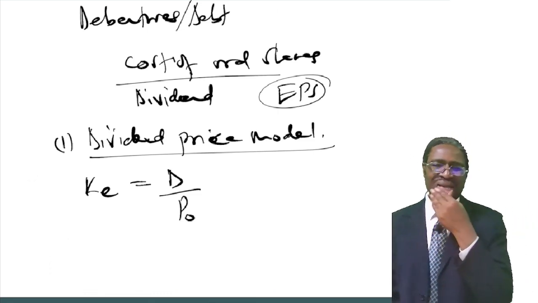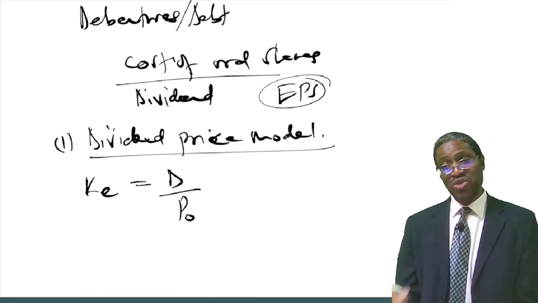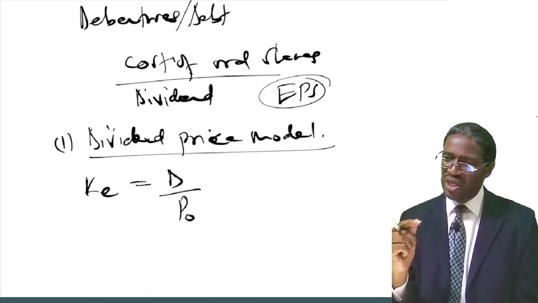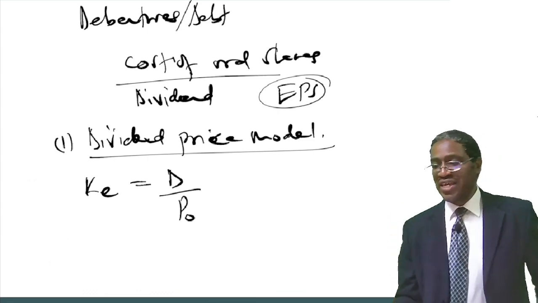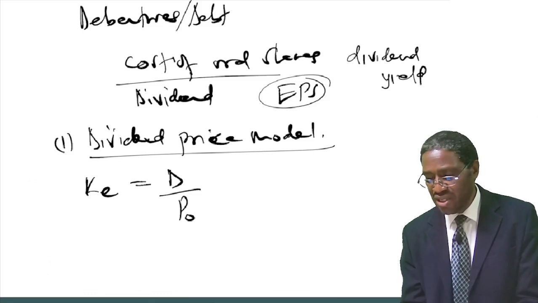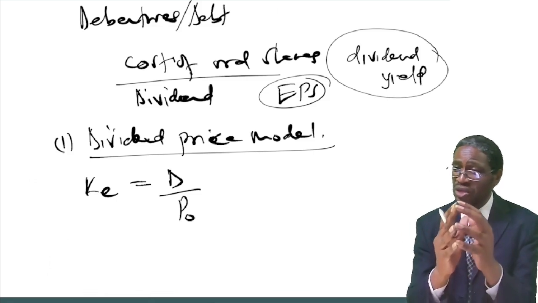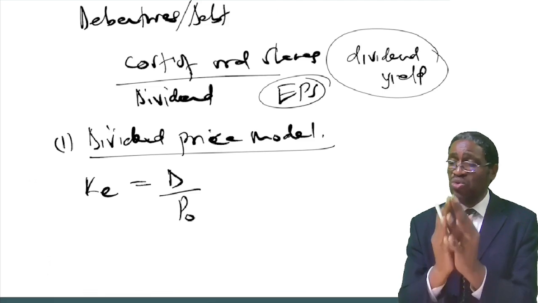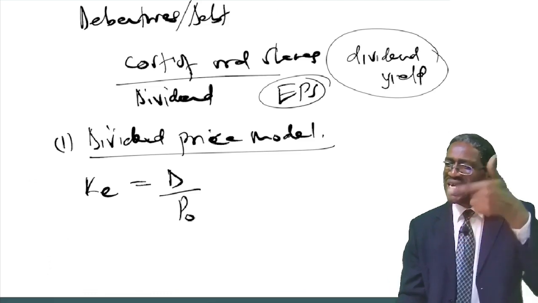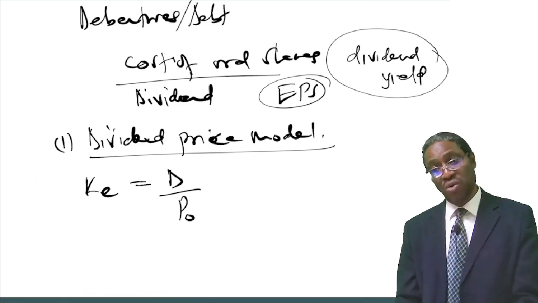Now, of course, you have done ratios. You know that when you take dividend per share and divide by the market price per share, that is what you used to call the dividend yield. The dividend yield normally represents the real return to the providers of ordinary shares.